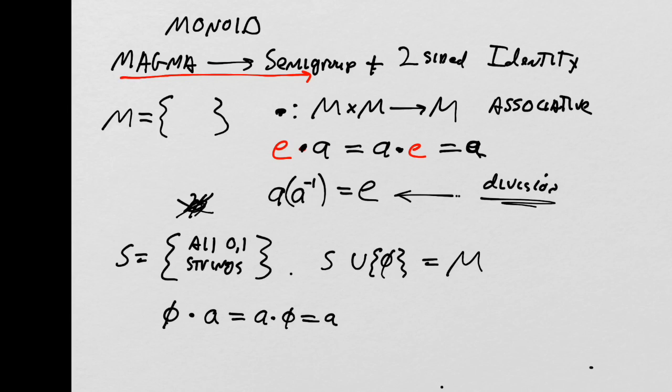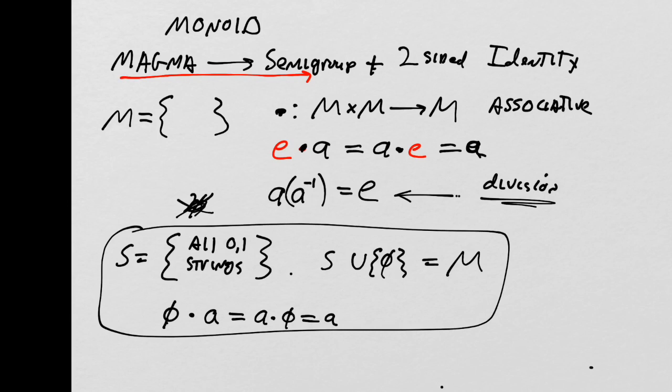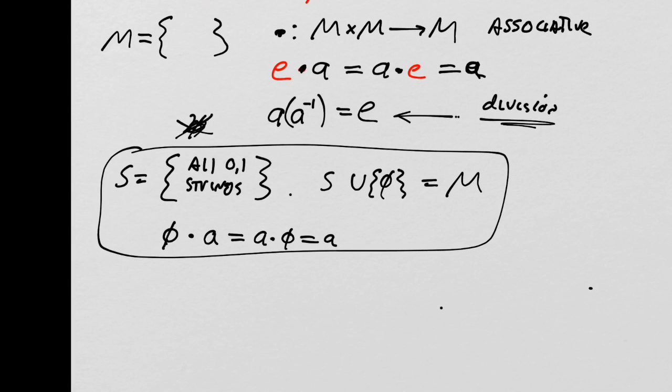All right, so that's a monoid, and this is a good example of a monoid. You know what, perhaps an even better example is the natural numbers, right? The natural numbers, 0, 1, 2, with the operation of regular arithmetic addition, right? Well, there's your identity, and it's definitely two-sided, right?